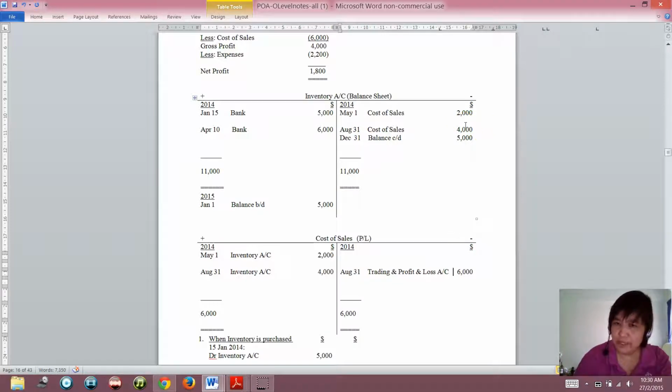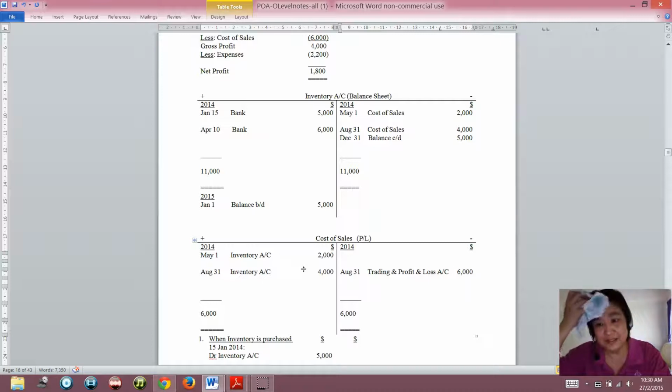But where does this 3,000 go to? Is it supposed to go to cost of sales? It's not a cost of sales, right? The business owner took it out and uses it for himself, correct?